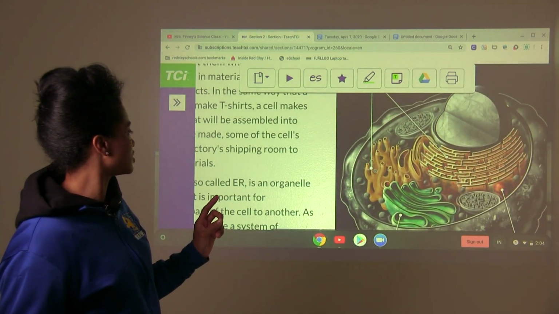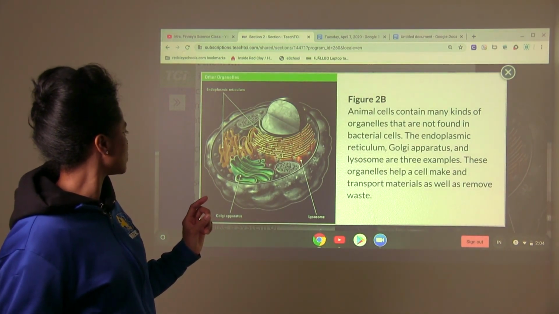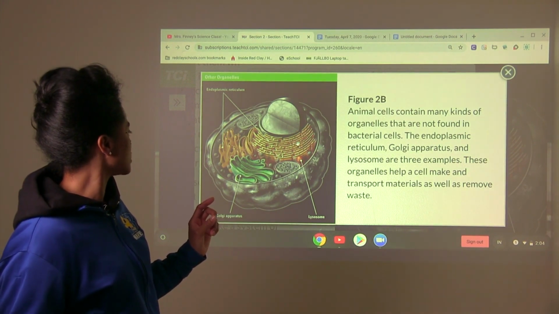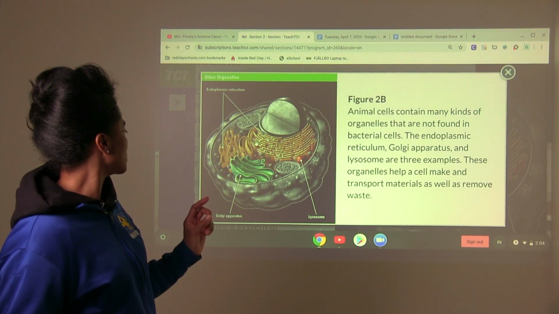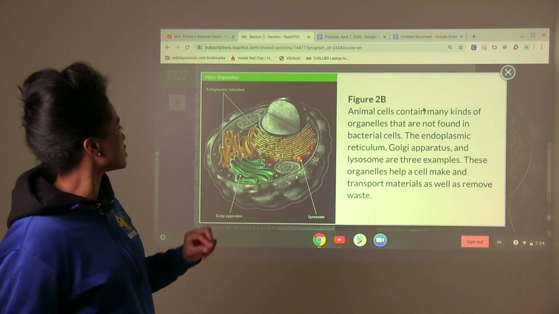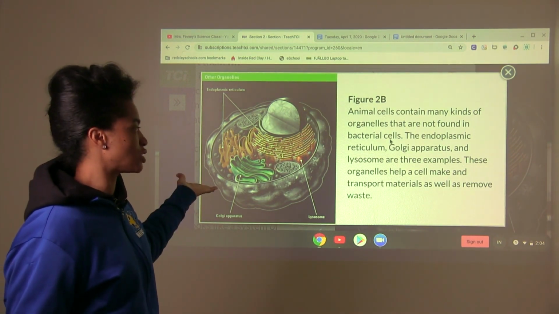Let's take a look at this image. Check out this endoplasmic reticulum right here. It's transporting materials. Animal cells contain many kinds of organelles that are not found in bacterial cells.